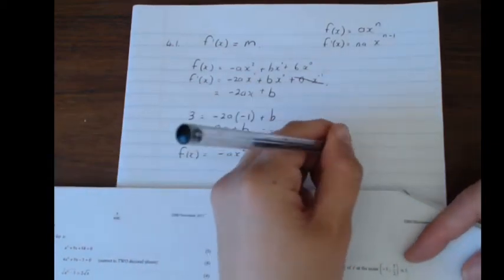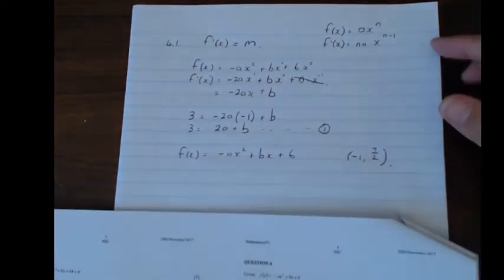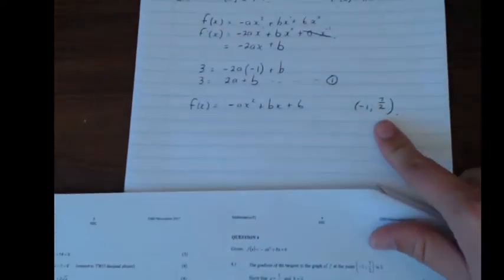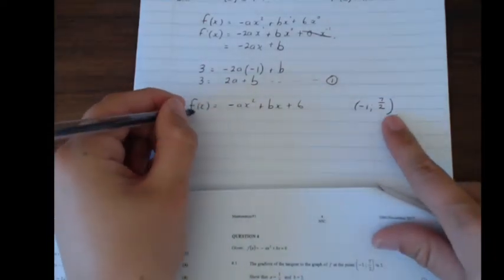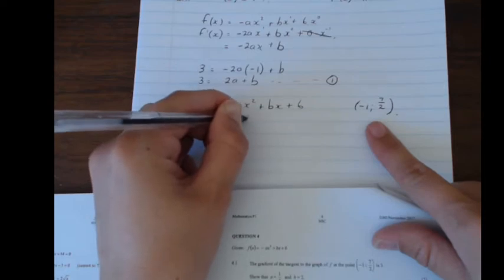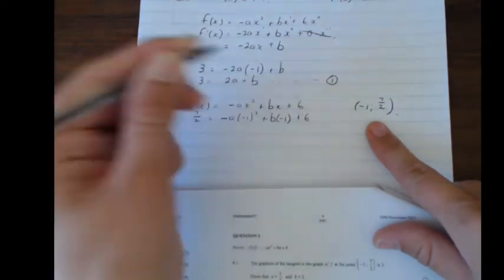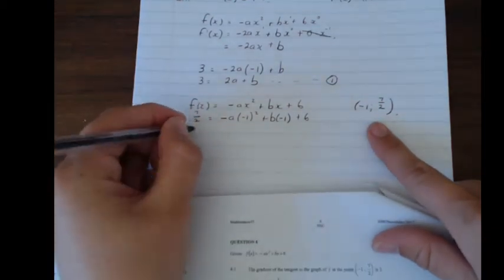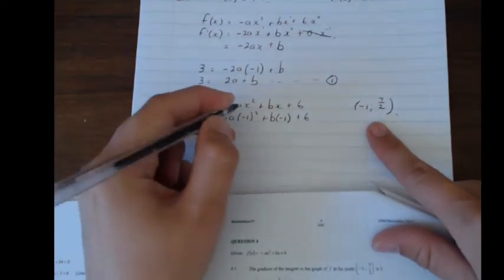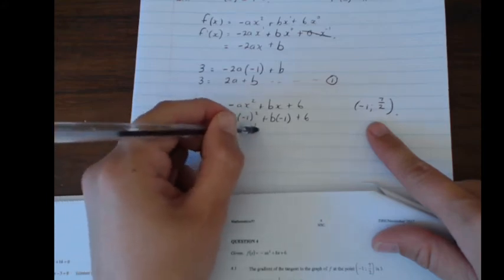The y is 7 over 2 and the x is negative 1. Simplifying, that's negative a minus b plus 6.